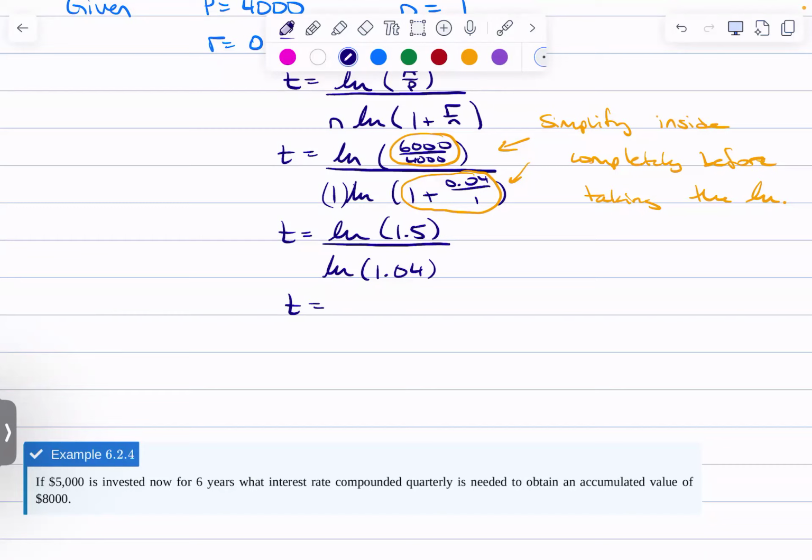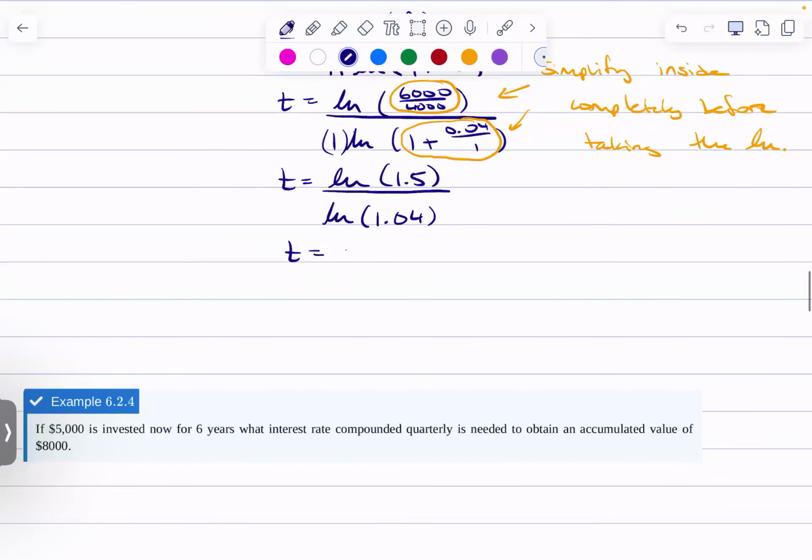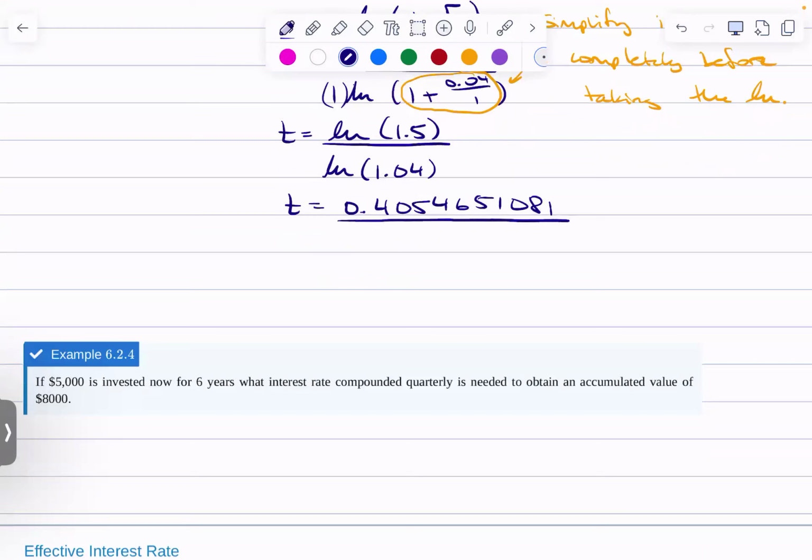The ln of 1.5, I get 0.4054651081. And then the ln of 1.04, I get 0.039220711315.